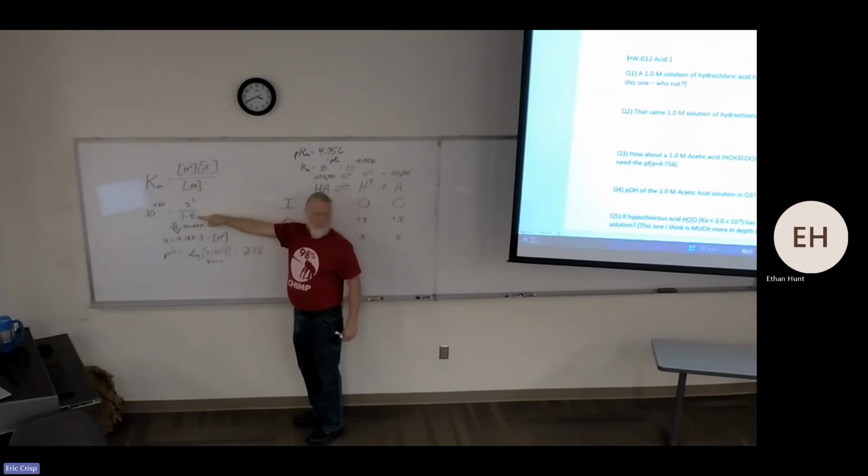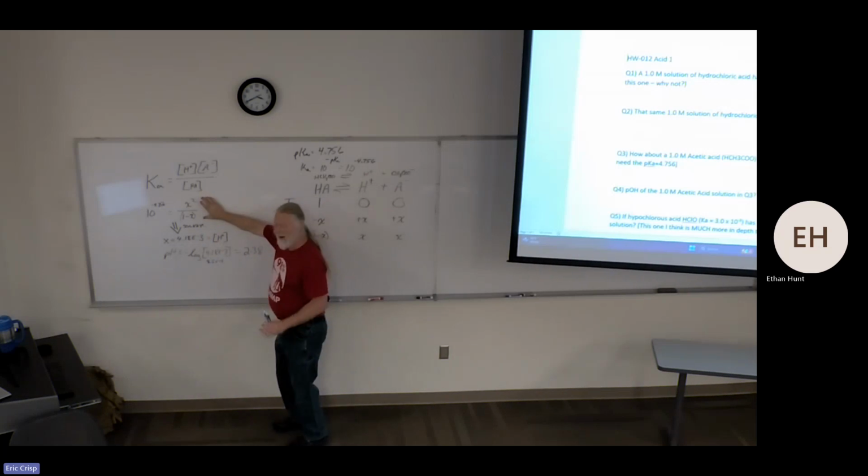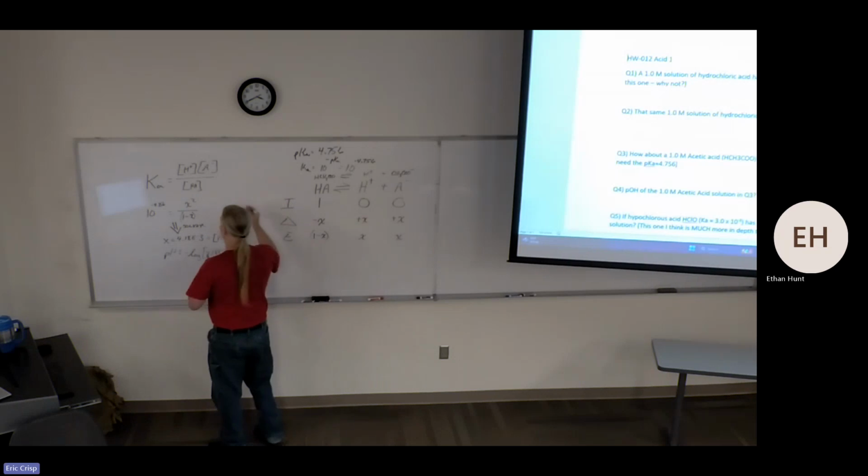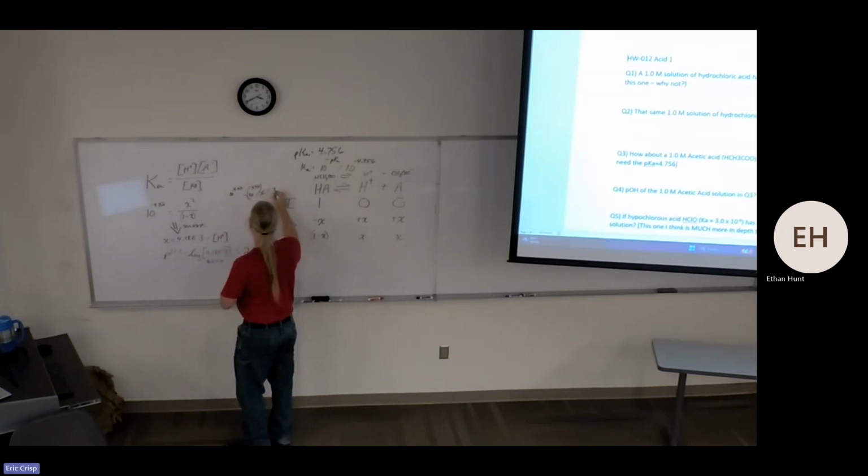That's what I did. Okay, tell me, you're right here, right? What do you do from here? So you bring the bottom bracket to the other side to the equilibrium. You multiply, like distribution type. Okay, so 10 to the negative 4.756 times 1 minus 10 to the negative 4.756 times x equals x squared.